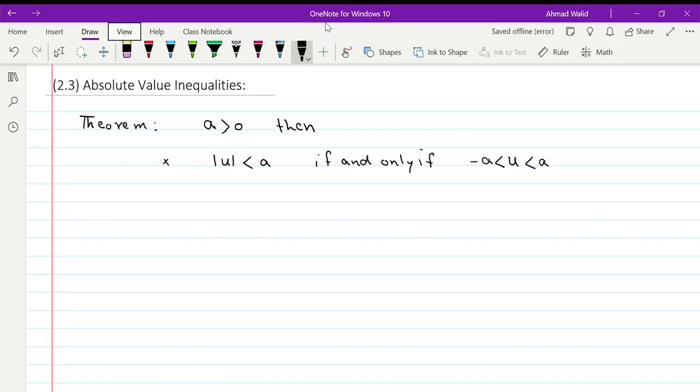And in part 2, the absolute value of U greater than A happens if and only if U is less than negative A or U is greater than A. In very simple language, this theorem explains that when you are dealing with absolute value inequalities, if you have the less than sign or less than or equal sign, you are always looking for the intersection of the solution sets.